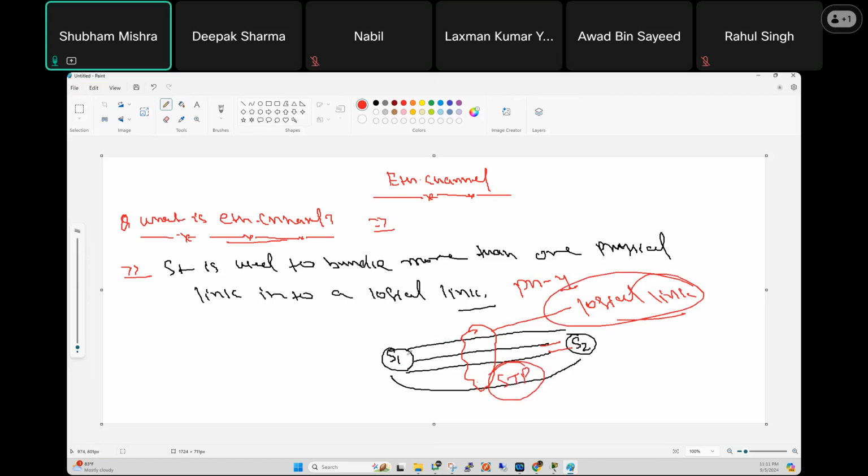STP is running, and this link is in forwarding state and these links are in which state? Blocking state, or you can say these links are useless links. Right now, everyone? So that's the reason we want EtherChannel.